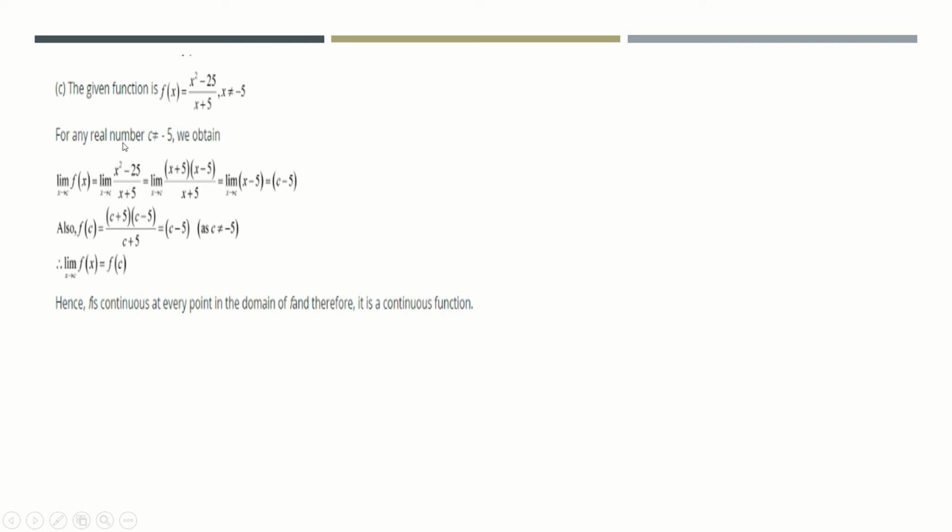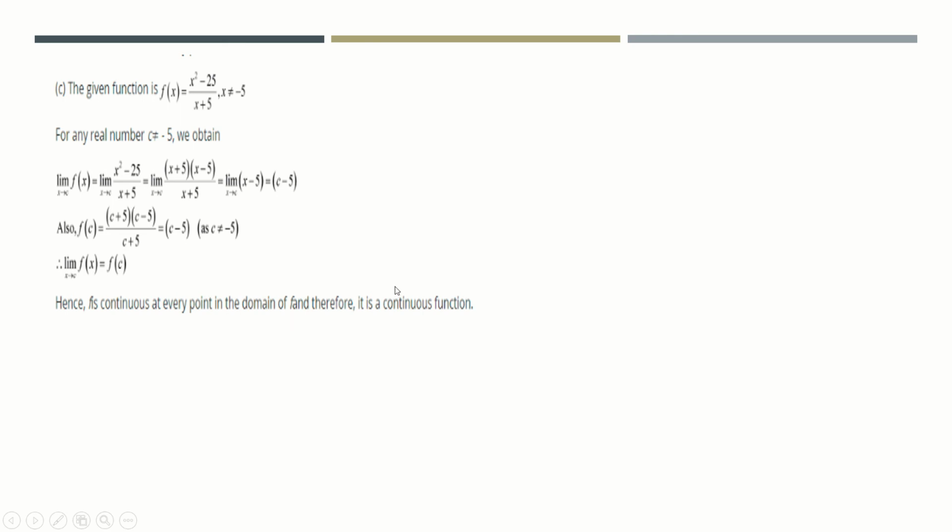For any real number, here they are taking c instead of k. For c not equal to minus 5, we obtain limit x tends to c, f of x is equal to, this x squared minus 25 can be written as x plus 5 times x minus 5. These two will get cancelled. Again I will get x minus 5, which is related to the first question of this division. So I can say that f is continuous at every point in the domain of f, and therefore it is a continuous function.